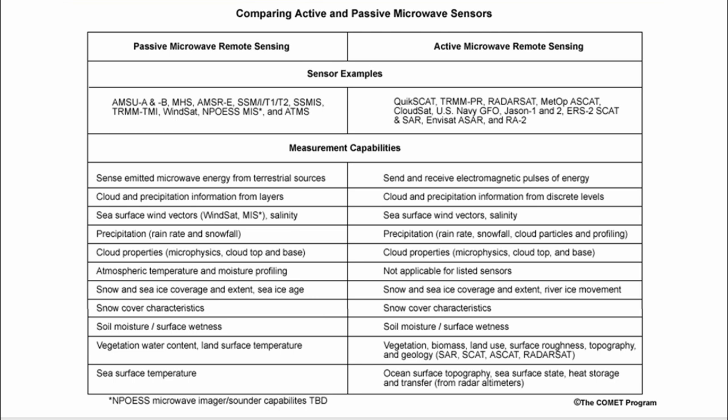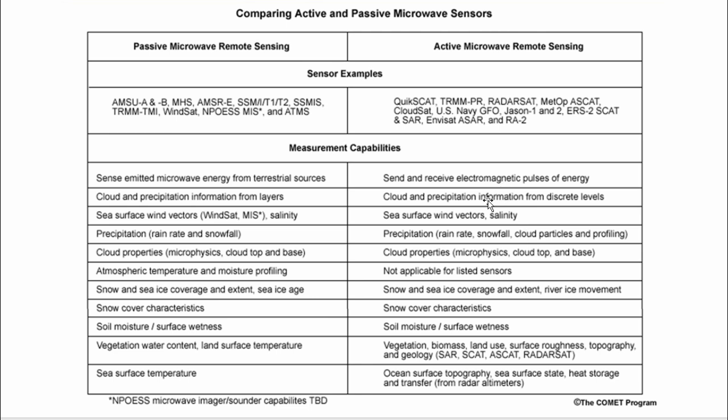So comparing active and passive microwave sensors would also be interesting. Basically, passive microwave just measures the emitted microwave energy from the sources. However, active microwave sensors send and receive electromagnetic pulses from the target.